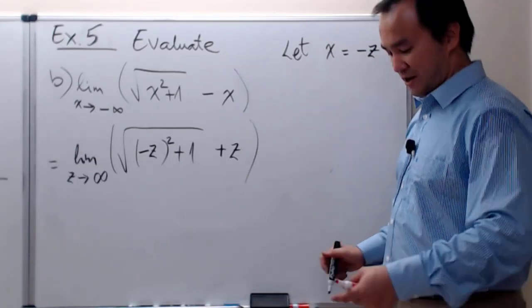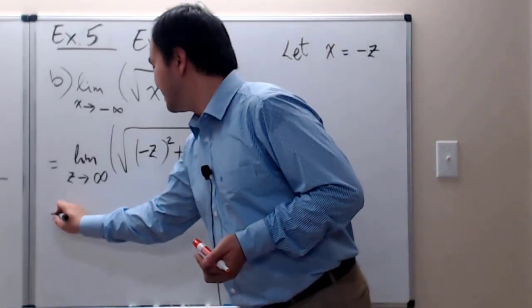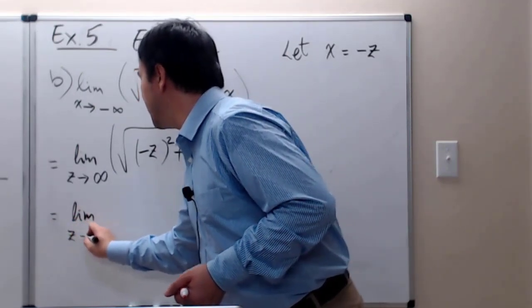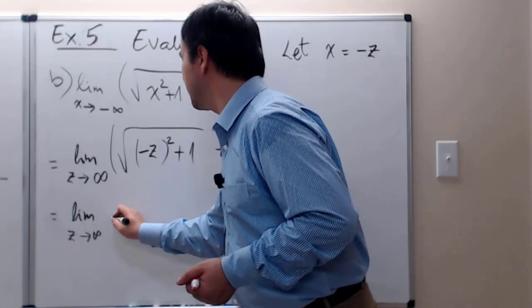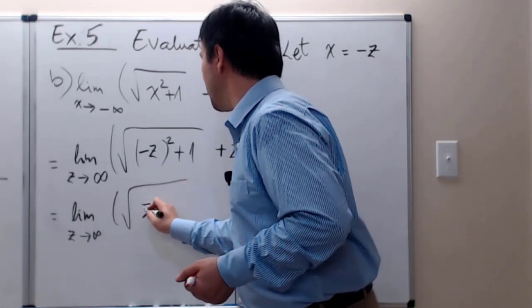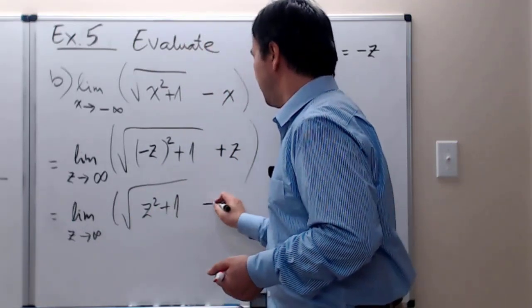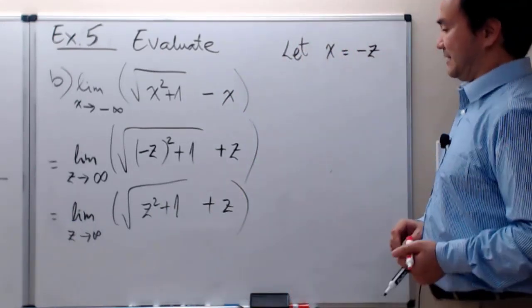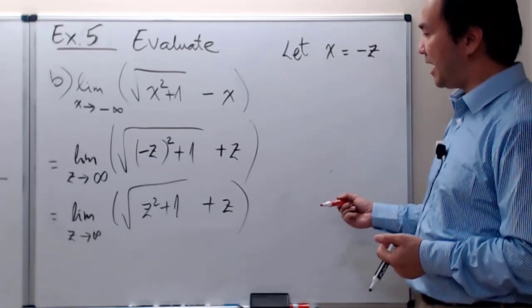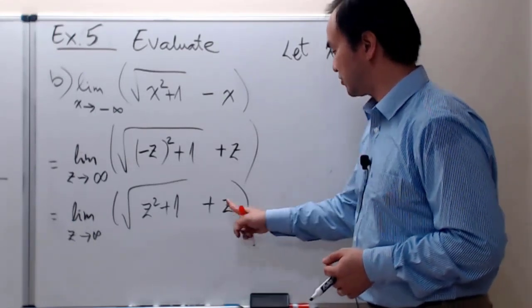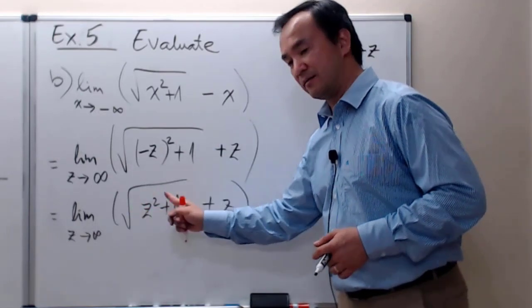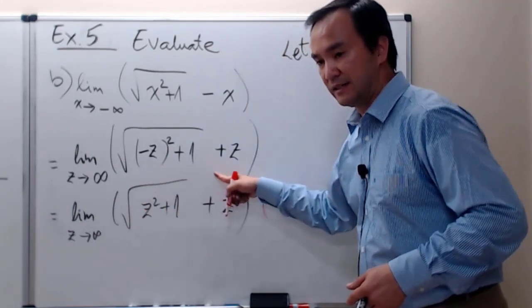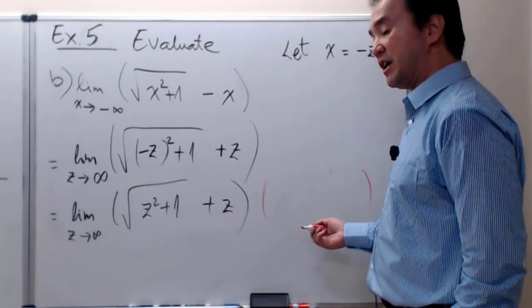That's the argument. Now the limit as z goes to positive infinity of the square root of z squared plus 1 plus z. Once again, let's apply the trick about the conjugate, because what I see here is a square root term, so the conjugate is a good trick to get rid of the square root sign.